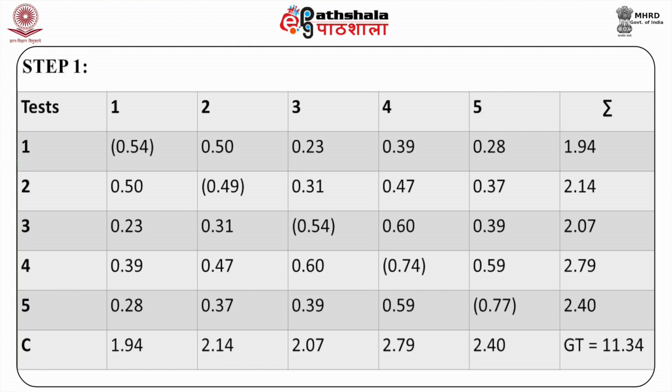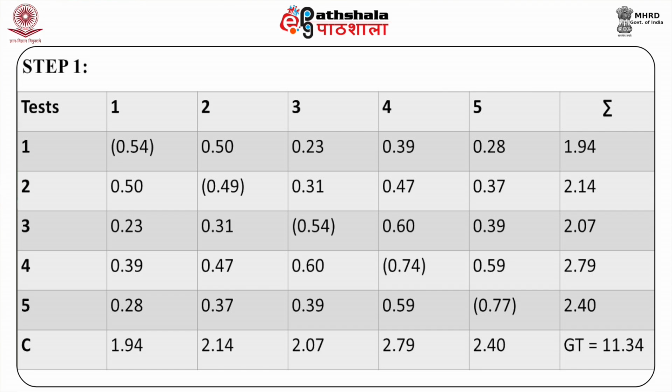For the second test, 0.50 plus 0.49 plus 0.31 plus 0.47 plus 0.37 is equal to 2.14. 0.23 plus 0.31 plus 0.54 plus 0.60 plus 0.39 is equal to 2.07 for test 3.